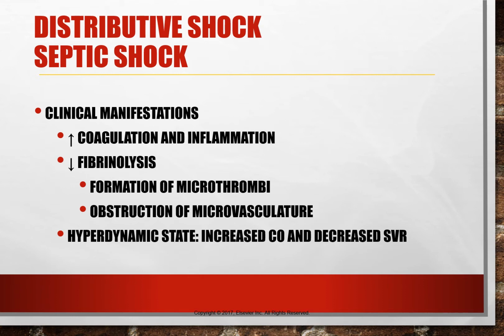So don't worry too much about this slide. It's just a fancy way of saying that with septic shock, we're hitting that systemic inflammatory response system. So increased coagulation, widespread inflammation in the body. We see some capillary permeability, so some fluid moving out of the cells, formation of microthrombi, and then obstruction of microvasculature.